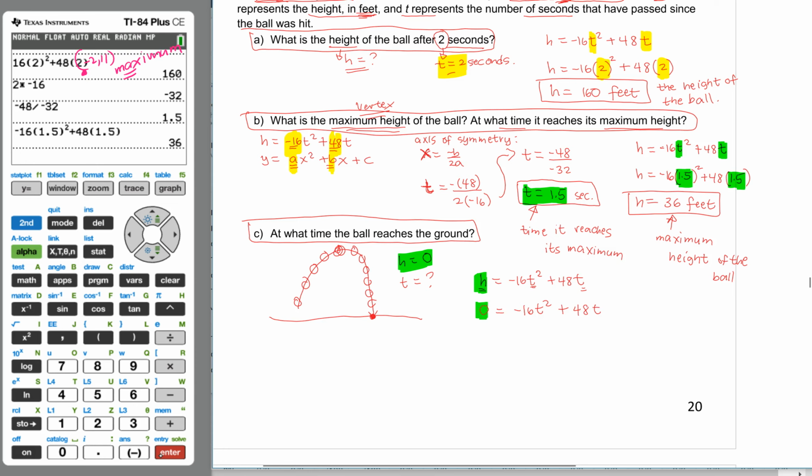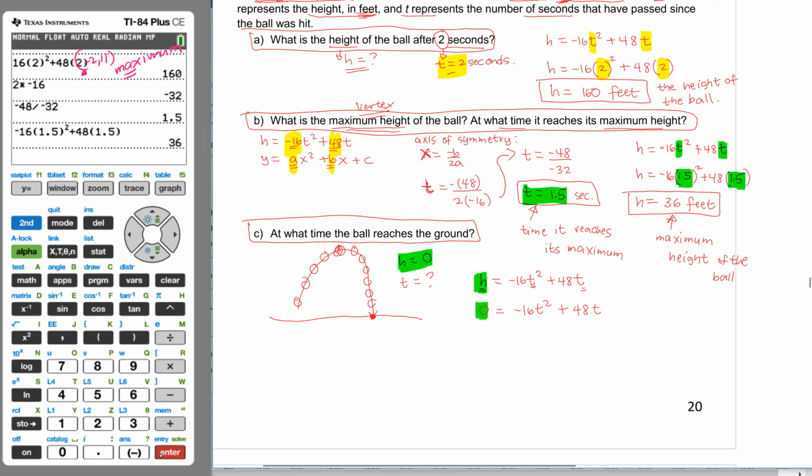Now this goes back to solving quadratic equations. We have learned two methods in solving quadratic equations. We can use the quadratic formula, or we can use completing the square. Whichever you're comfortable with, it doesn't matter which method you use. In this case, I would like to use the quadratic formula.